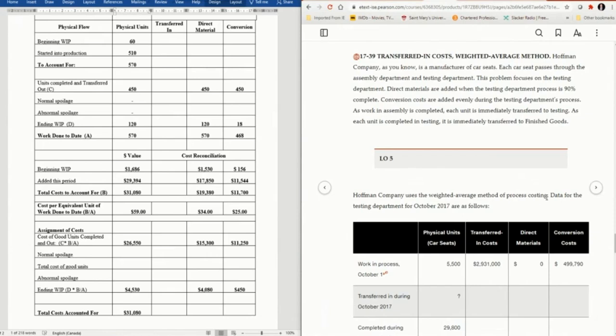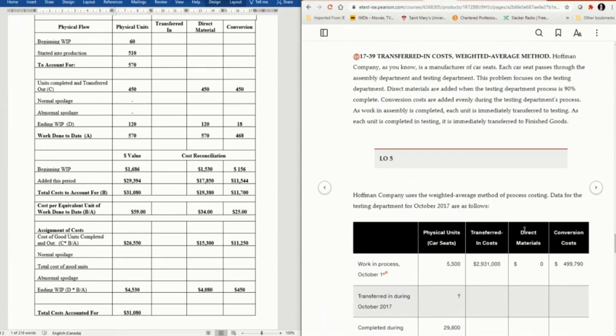You're doing all your tests, and then at the very end of the process, we're adding some materials to it at the 90% point. We're going to add a little bit of materials to it. Now, what are those materials? Could be like a plastic wrap on the seats to make sure that they stay clean in the rest of the process until it gets to the customer. Let's say it's something along those lines.